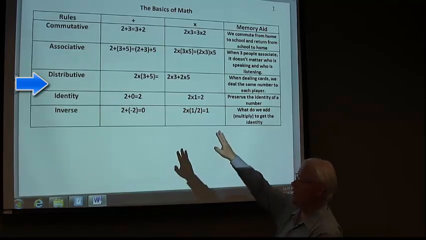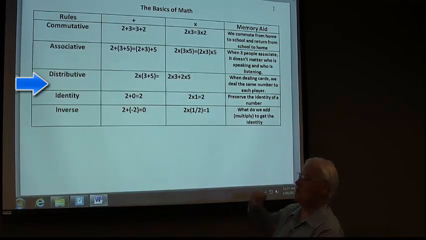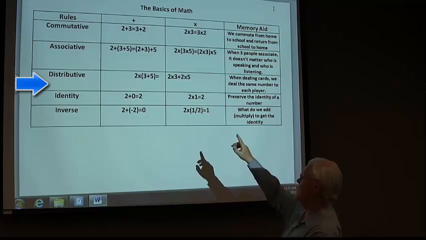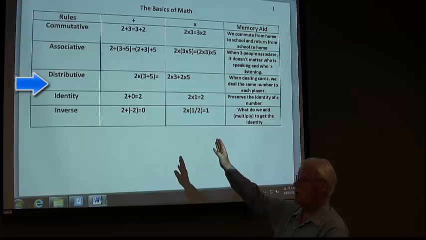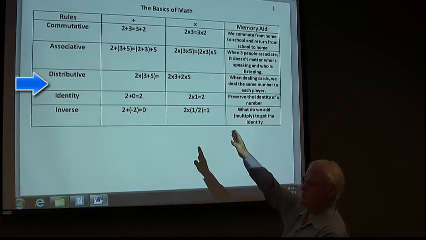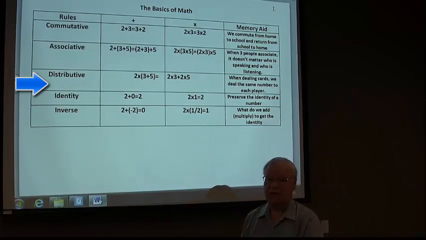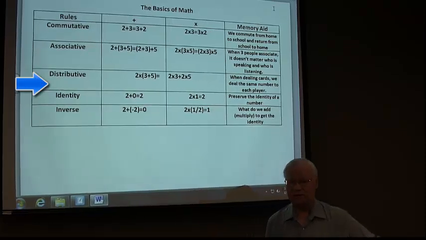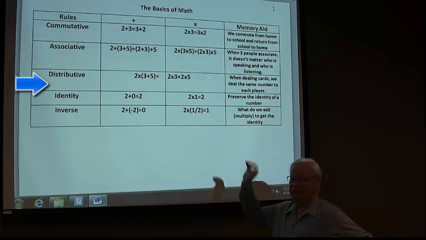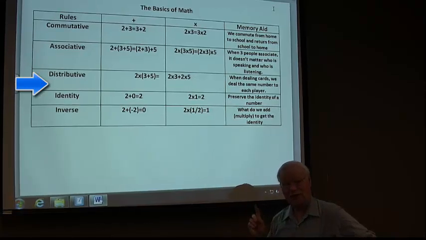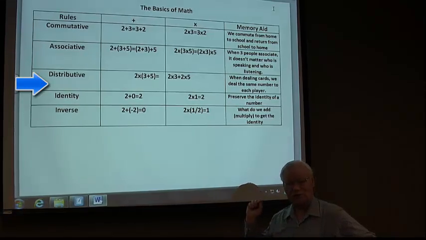So in this case, we have 2 times 3 plus 5. Well, that's the same as 2 times 3 plus 2 times 5. We distributed that 2 to both the 3 and the 5. And you'll hear me say later in subsequent videos, you want to make sure that the 3 and the 5, those are the 2 players, got the same number of cards, the 2. Okay?